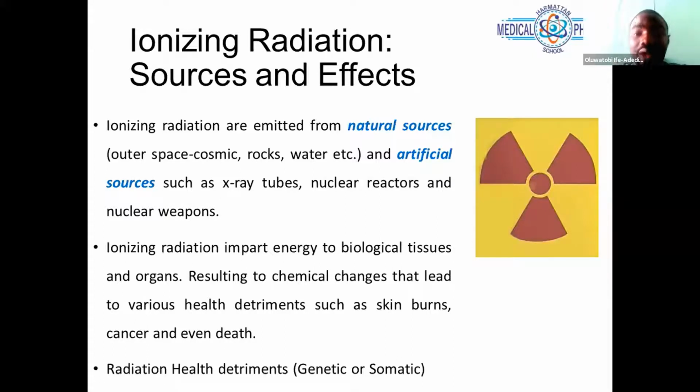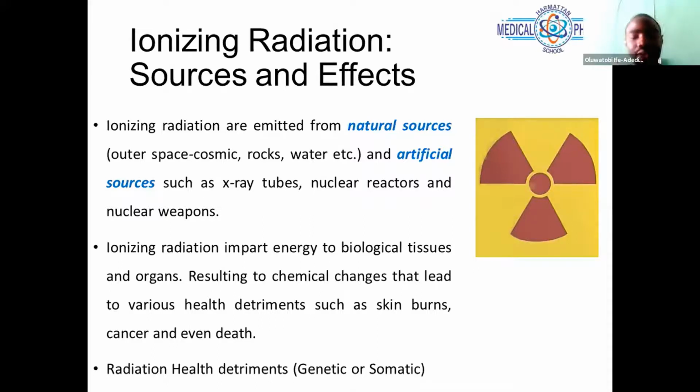And radiation could also be from artificial sources, such as X-ray tubes, nuclear reactors, nuclear weapons, and so on. So in health physics, we're interested in the natural sources and the artificial sources of radiation to look at how we can protect man and his environment from both. And all of them are important. One is not more important than the other.